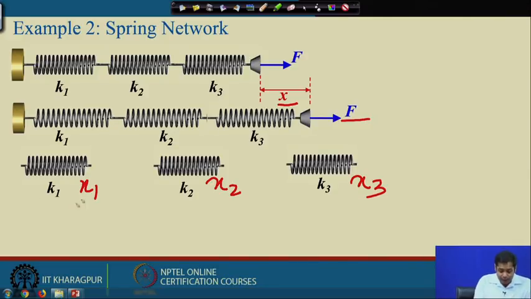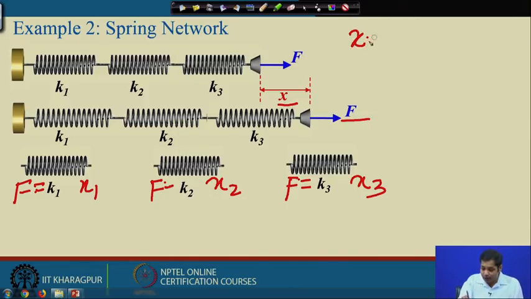Then we know that F is equal to K1 x1, and similarly F is equal to K2 x2, and F is equal to K3 x3. We know that, and total X will be x1 plus x2 plus x3.